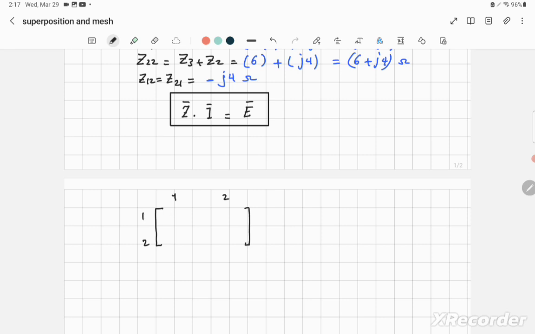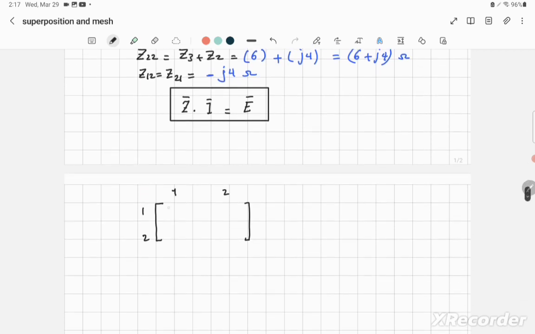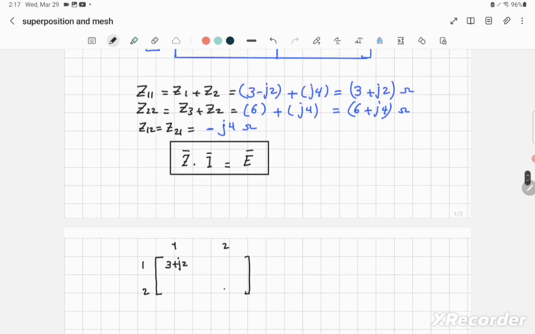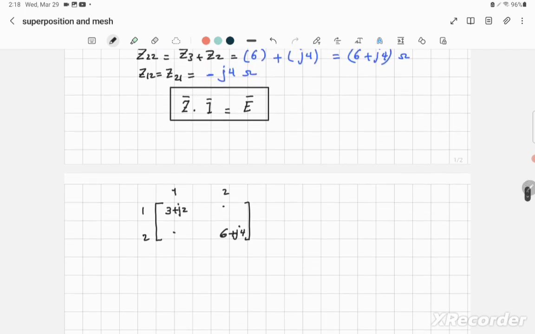So the first element is Z11, which is equal to 3 plus j2. Z22 will be here in the diagonal, which is equal to 6 plus j4. And then you get the mutual one, Z12 and Z21, equal to minus j4. And the currents that we're supposed to find, I1 and I2, equal the voltages.